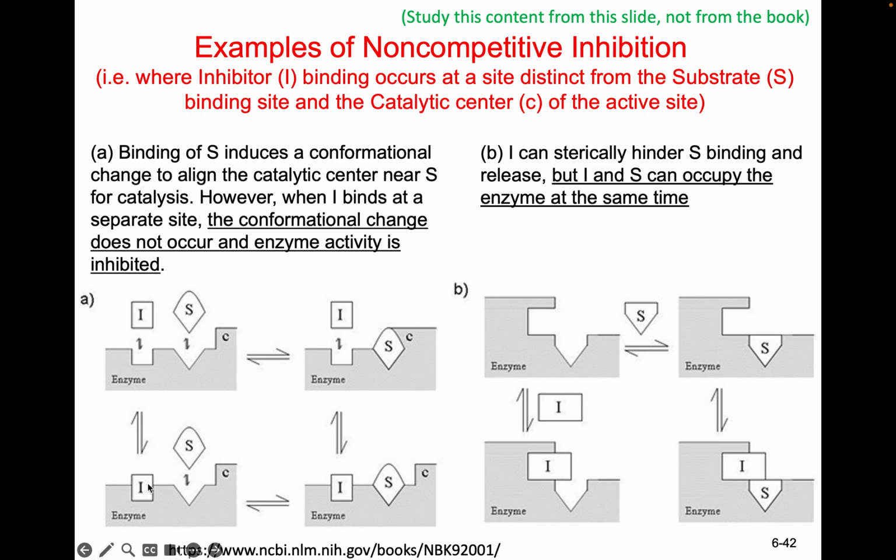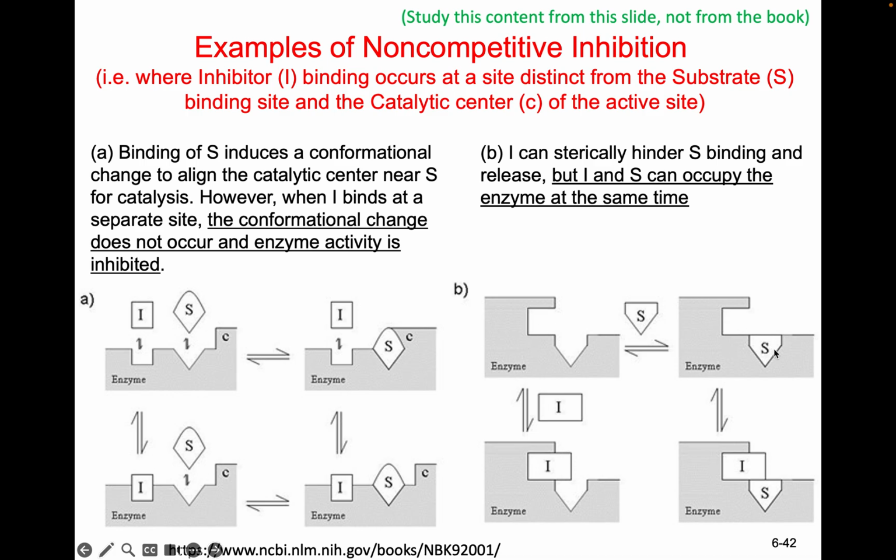So the inhibitor here is not really affecting the active site a lot, but what it's doing is inhibiting this induced fit model, and that's how it can prevent the enzyme from doing its job. Or you can also have steric hindrance. This is very similar to the non-competitive, but the difference here is that the inhibitor can bind freely or without.